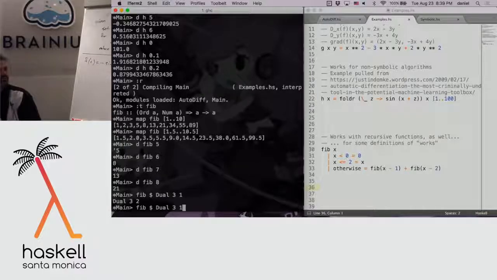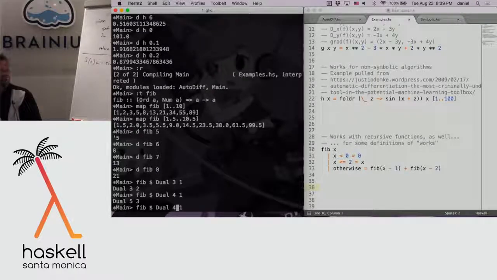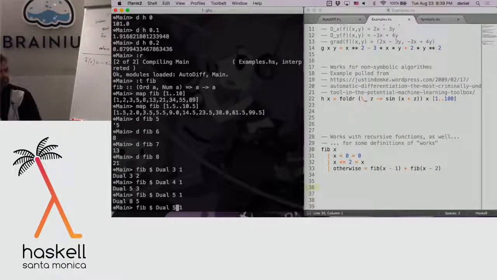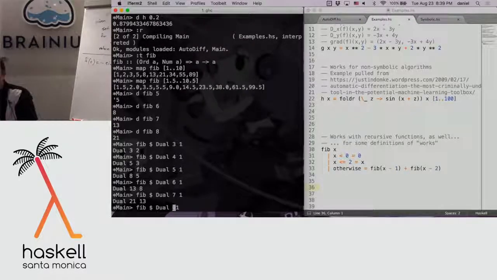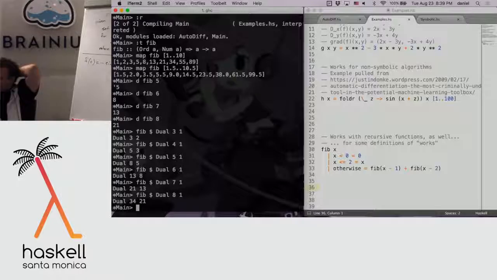We get 3, 2. How about fib of dual 4, 1? 5, 1. 6, 1. 7, 1. What's the derivative of the Fibonacci sequence then? The derivative in these second numbers, 3, 5, 8, 13, 21, that is also the Fibonacci sequence.